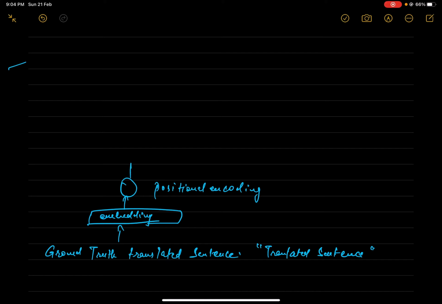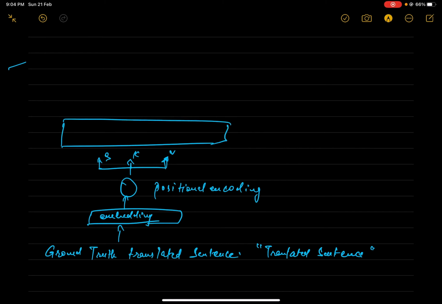Then it is again tripled basically into Q, K, and V to go into the masked multi-head attention layer. So what is a masked multi-head attention layer?